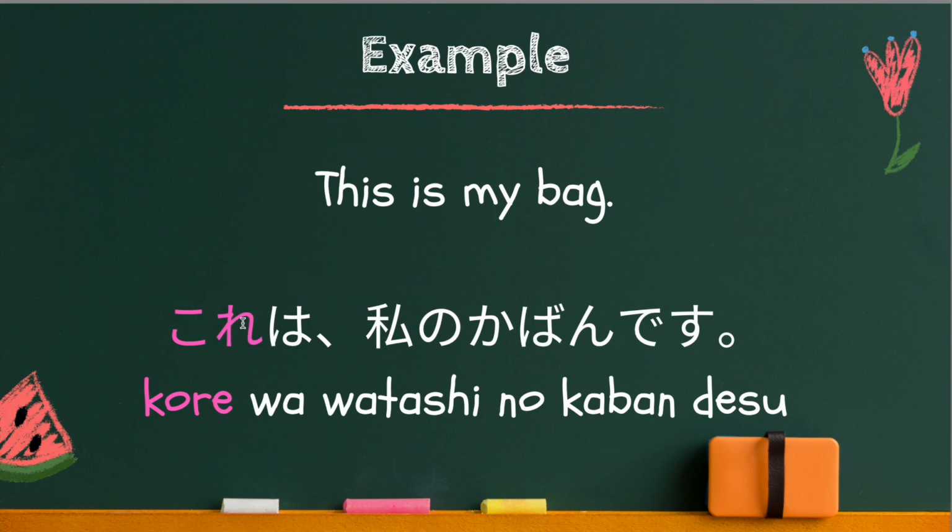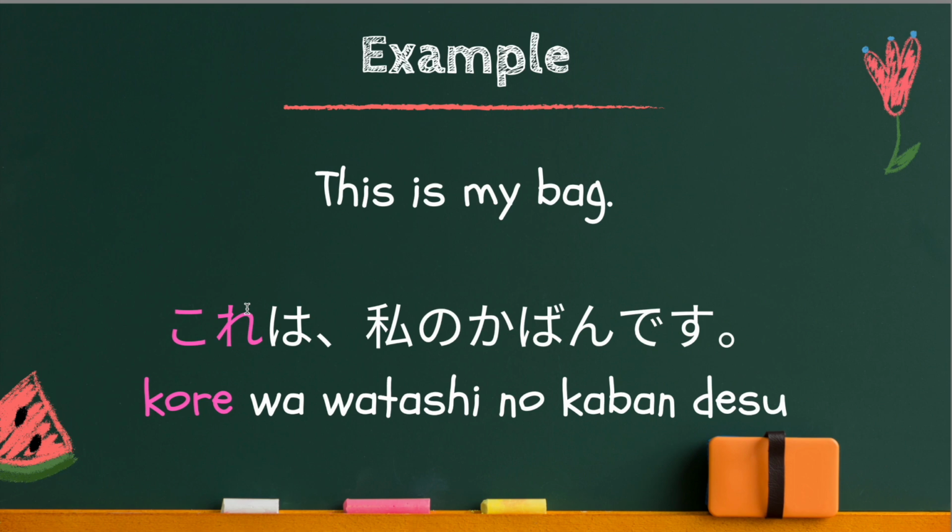This is not followed by a noun, but they are always used by itself. So that's the main characteristic of これ、それ、あれ demonstrative pronouns.